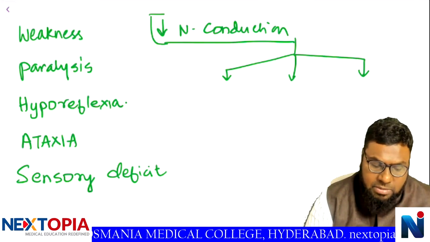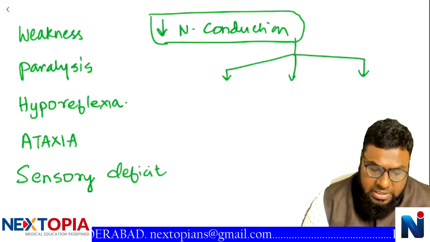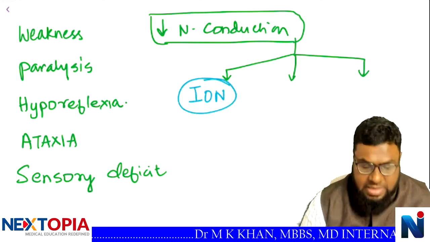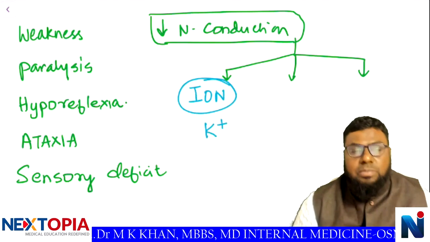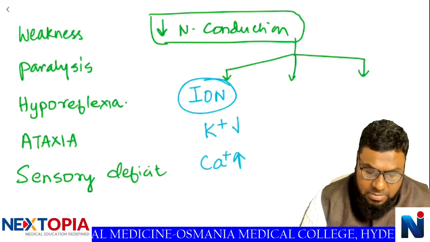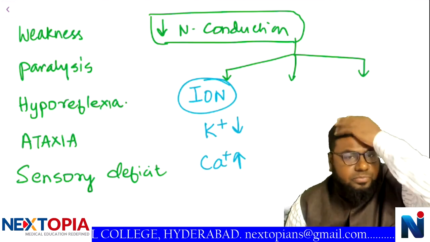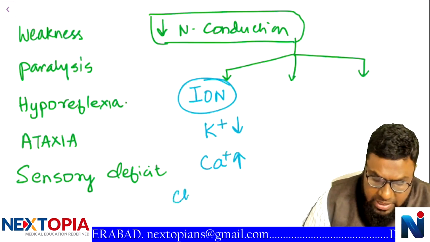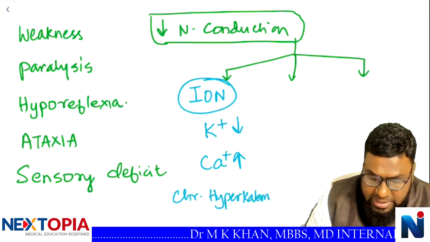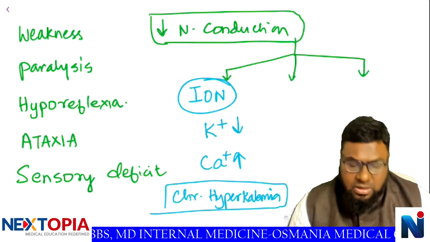This decreased nerve conduction may be because of many mechanisms. If it is due to ionic disturbance, say ion channels are involved, for example hypokalemia, hyperkalemia, they decrease the nerve conduction. I told you how chronic hyperkalemia acts, by a prolonged inactivated state of fast sodium channels, is it not?